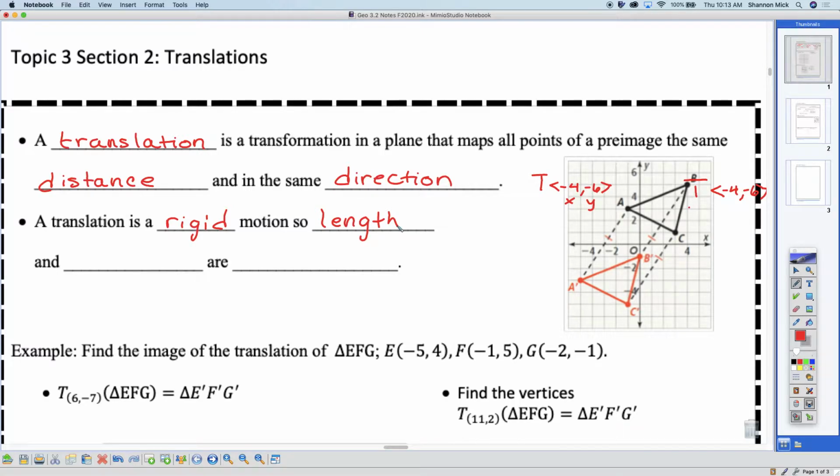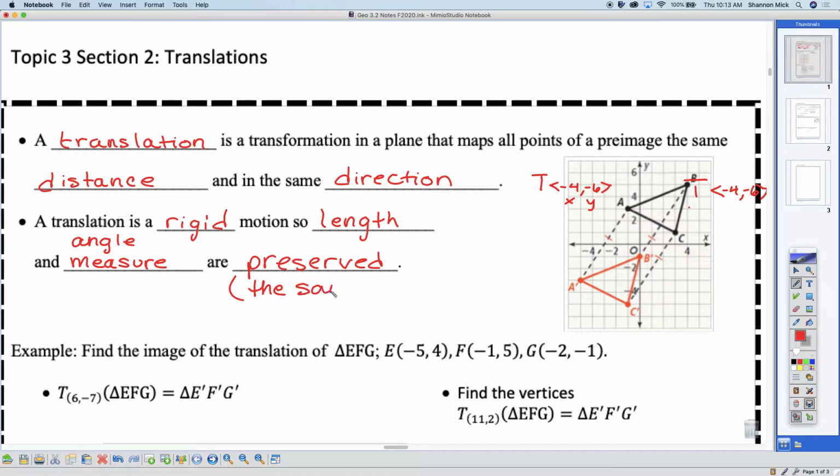Length and width are the same. Angle measure. And what is the word they keep using instead of the same? Congruent? Starts with P. Preserved, which is the same.